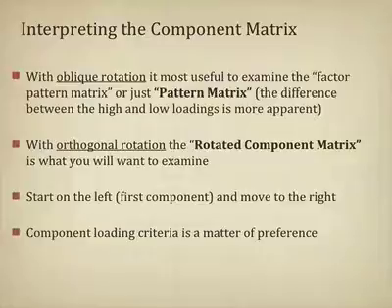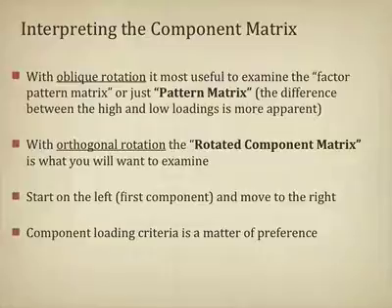If you use orthogonal rotation, the rotated component matrix is what you should interpret in terms of understanding the solution. And so these are just different names given to different pieces of output.